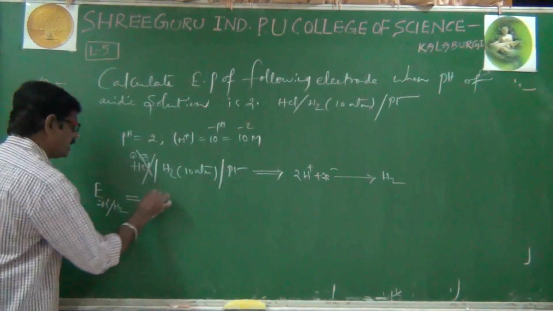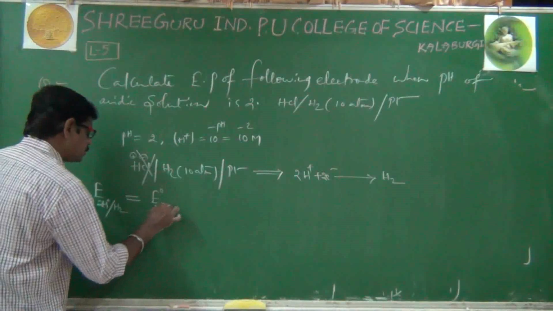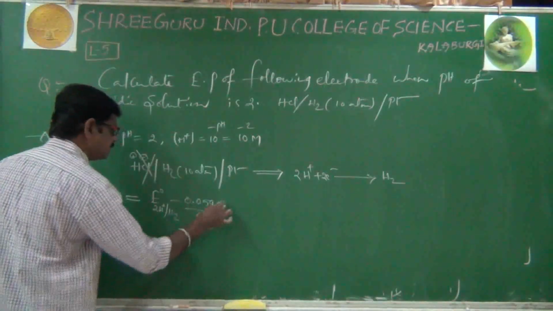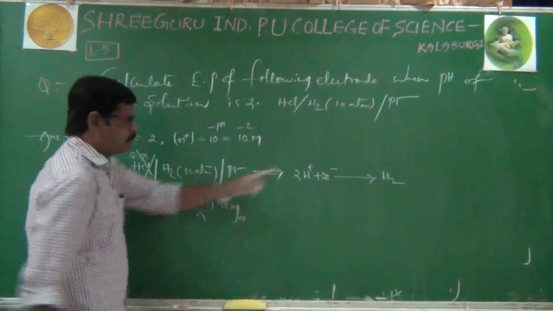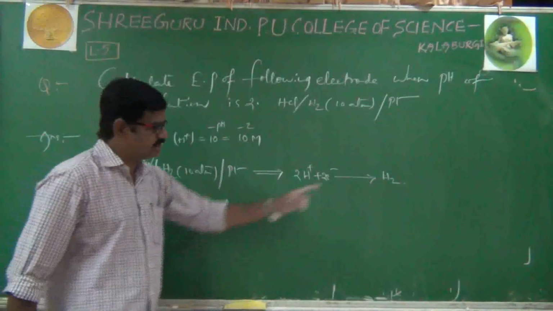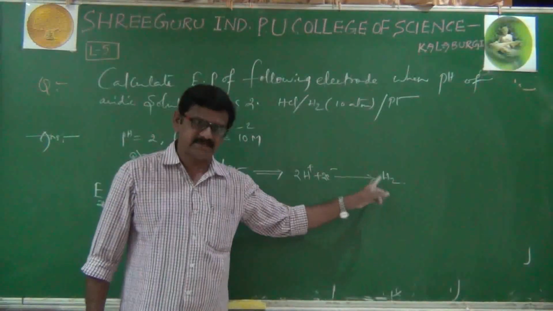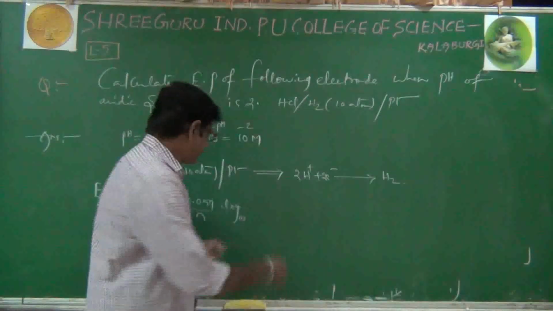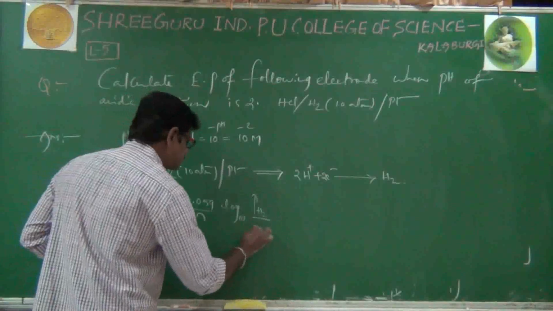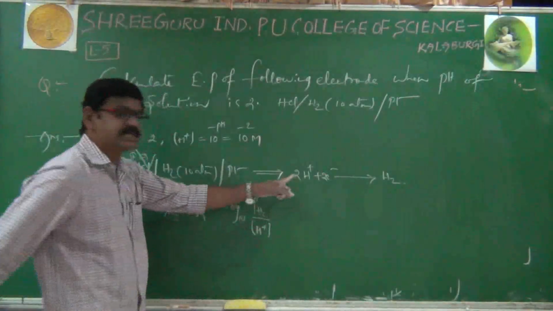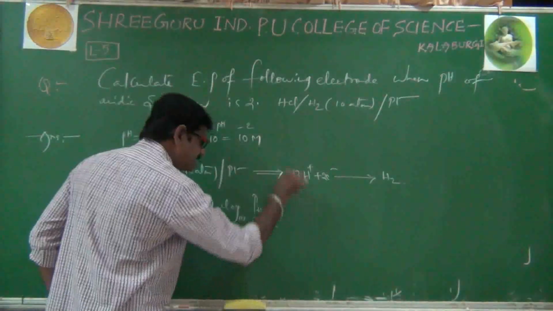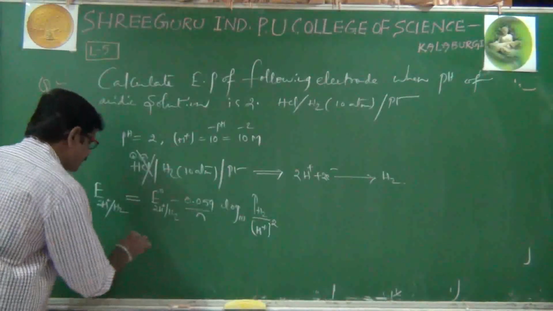E is equal to E naught 2H plus / H2 minus 0.059 by n log base 10 product by reactant. Here product is a gas, so we have to take its partial pressure: P H2 divided by concentration of H plus. But I have used here 2 moles, coefficient is 2. Whatever the coefficient is, we will write as its power.